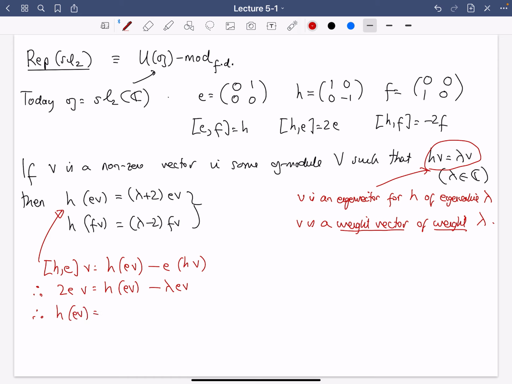I bring the lambda E over to the other side, I get lambda plus 2 EV, and there it is. And for F, of course, it's very similar. Very simple observation: E raises weight by 2, F lowers weight by 2.